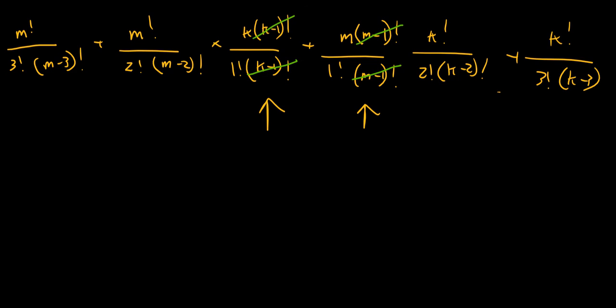So we're just left with M and K. We can perform a simplification here as well. We can write M, M minus 1, M subtract 2, and then M subtract 3. I'm squeezing it all in here to show you.